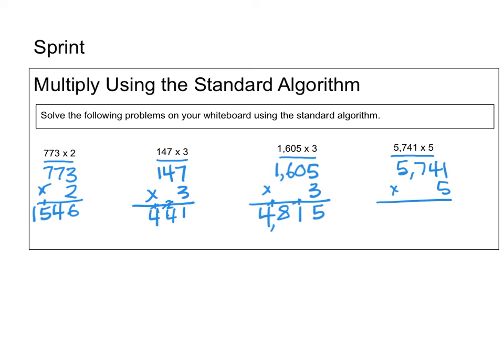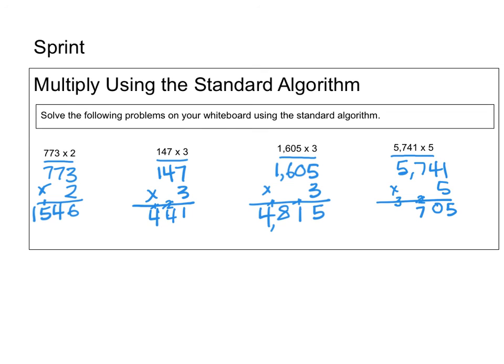1 times 5, well, that gives us 5 ones. 4 tens times 5, well, that's 20 tens, or 200. So I'm going to put that 2 over in the hundreds. 7 times 5 is 35 hundreds, plus 2 is 37 hundreds, which gives us actually 3,700.